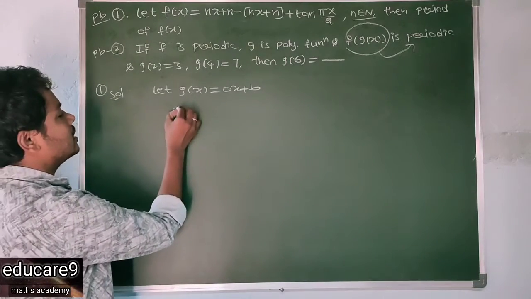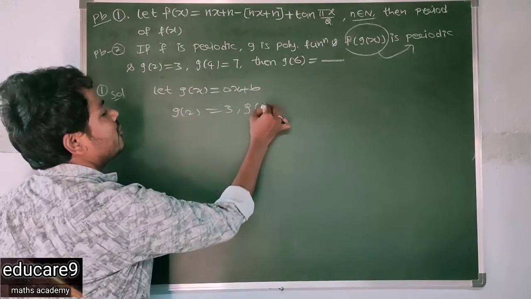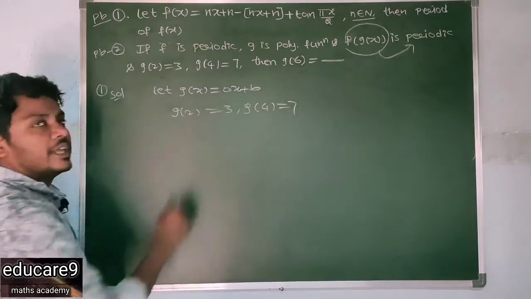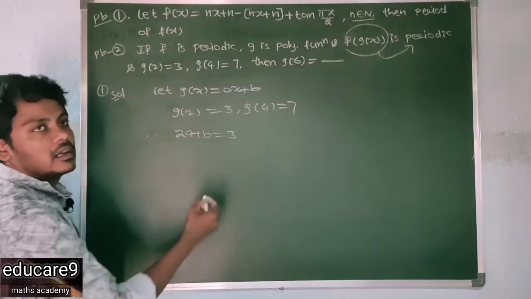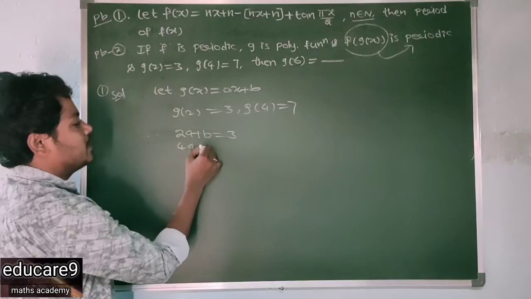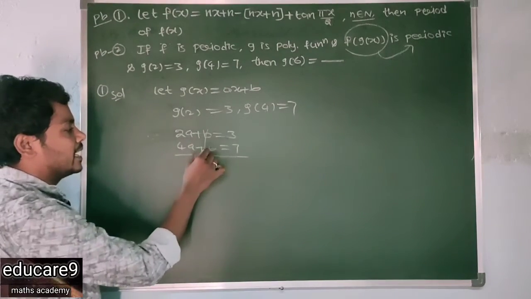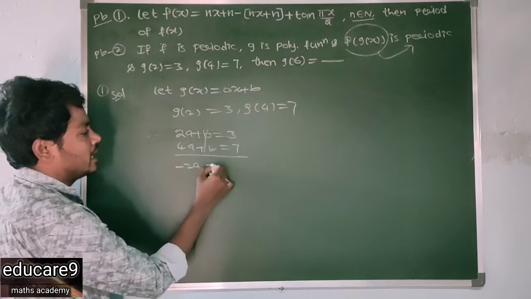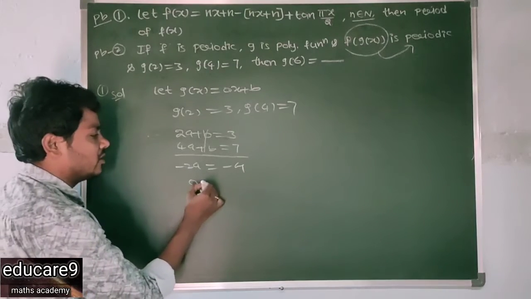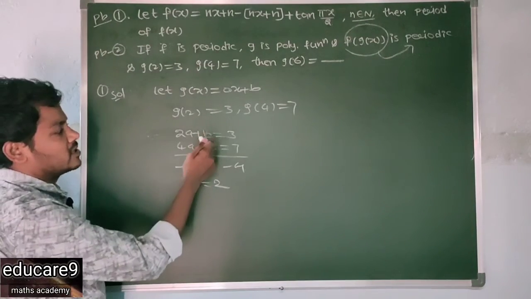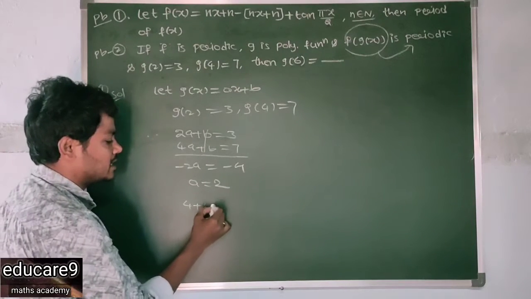Now what is given? g of 2 is 3 and g of 4 is 7. Substitute here: 2a plus b is equal to 3 and 4a plus b is equal to 7. Now solving these two equations we get minus 2a is equal to minus 4. And what is the a value? a value is 2. Substitute here, what you get? 2 into 2, 4 plus b is equal to 3.